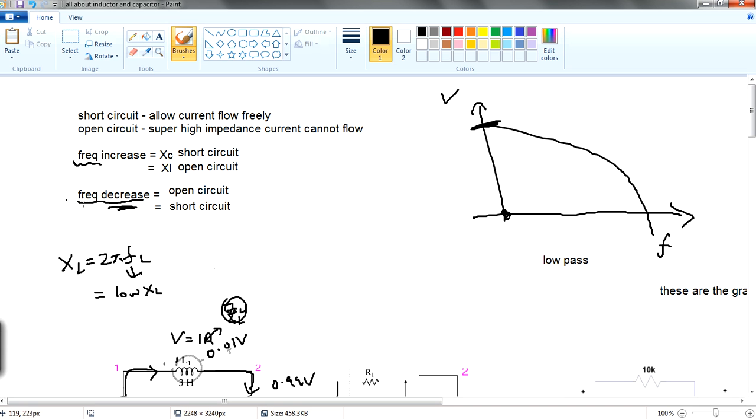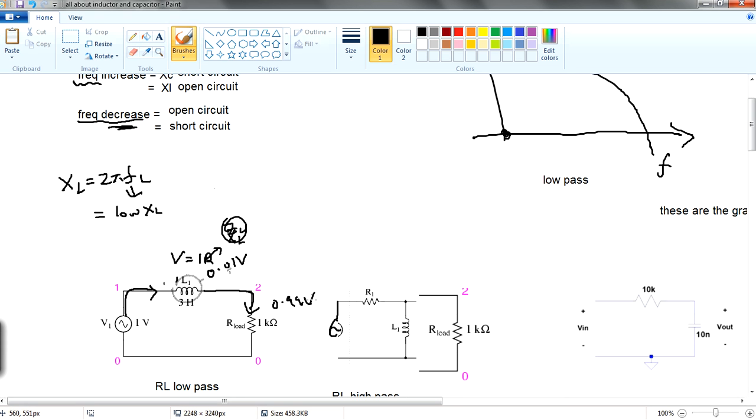So as your frequency increases, this means that your XL is going to increase a little bit. If your XL increases a little bit, your voltage across it is going to increase, because V equals I times the impedance of the inductor. So you'll get maybe 0.5 volt.